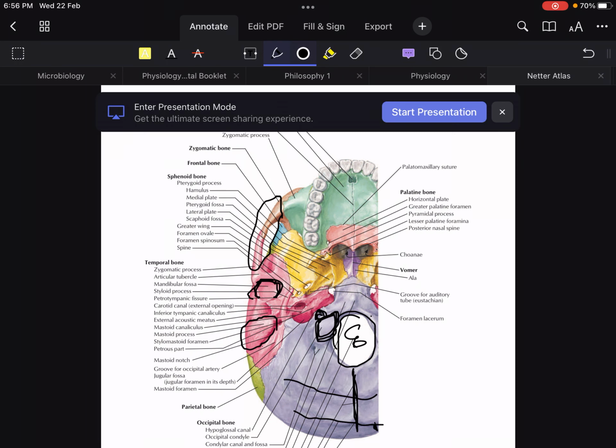Another structure that we have here is this foramen. This foramen that is made with the help of two bones, the occipital bone and the temporal bone, is the jugular foramen. You remember that I talked about the sinuses. I didn't talk about different types of sinuses, but I talked what is sinuses.